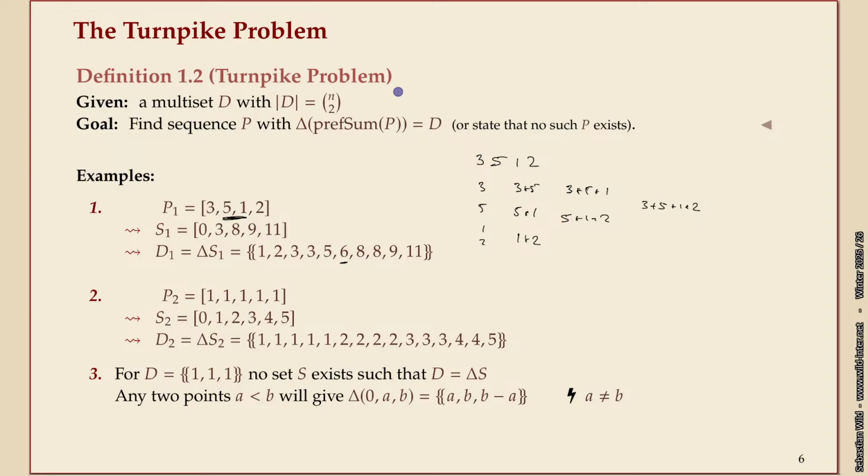And then the turnpike problem is the inverse problem. We're given these multi-sets of differences, and we're supposed to come up with a set so that if you build this difference multi-set, you come out with the input. And so here's an example where this doesn't work. It's not always possible. First of all, the difference multi-set has to have a sensible number of entries, otherwise you're immediately out of luck.